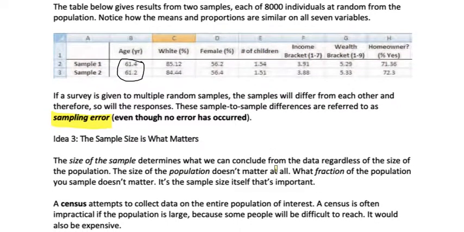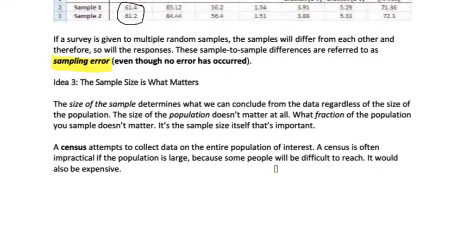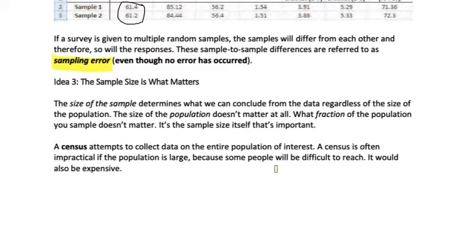So our third idea is that sample size is what matters. The size of a sample determines what you can conclude from the data. So you need to have a sample size that's pretty big, but it doesn't need to be a certain fraction of the population, and the size of the population doesn't matter at all.